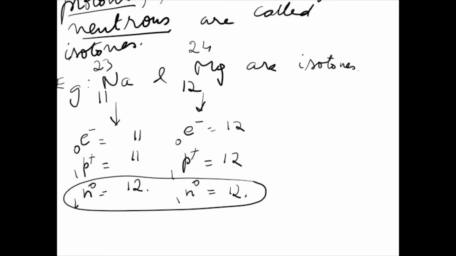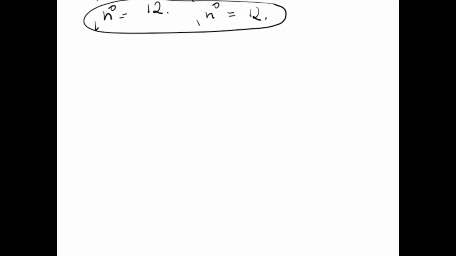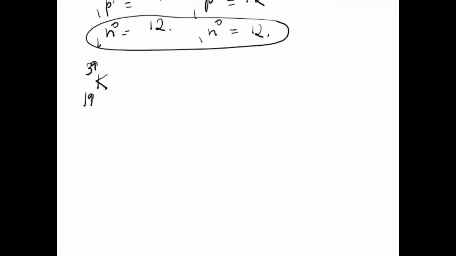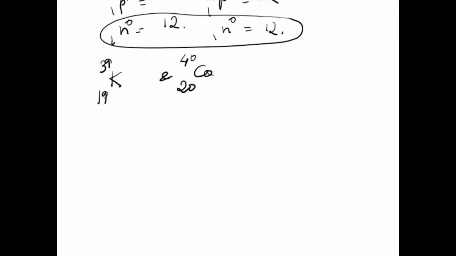Is that clear? Similarly, one more example of isotones is potassium 19 39 and calcium 20 40. These two are isotones. Okay? Why?